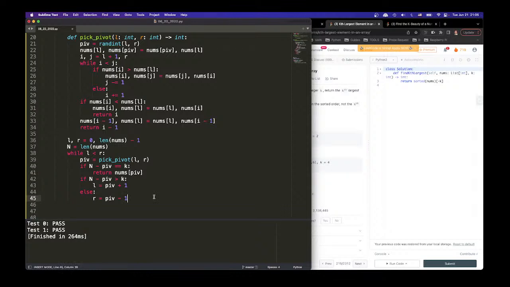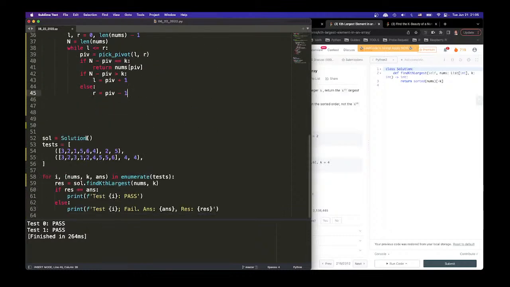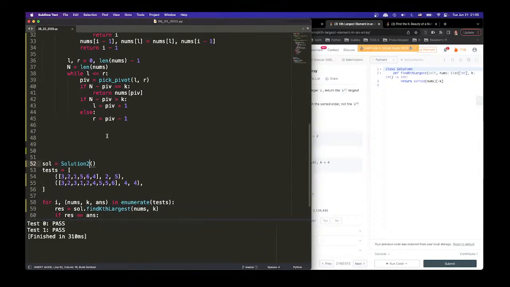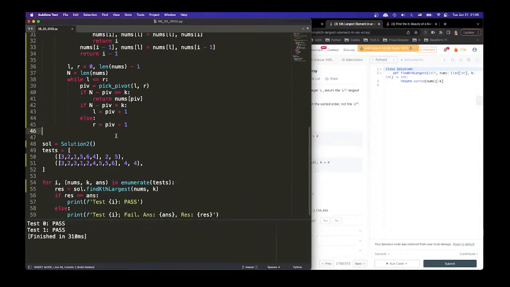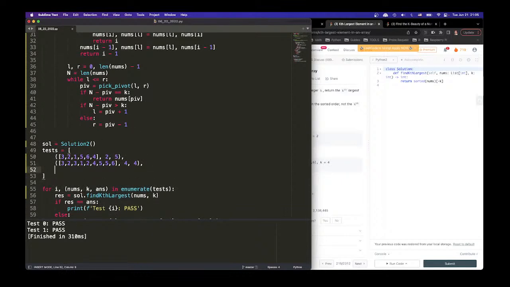Well, I think only one side shall have, because I have a smaller than R, which is smaller equal to, because I don't want to get out. It's guaranteed we will have a solution. Let's just try this. Okay, so far so good. We have a couple more edge cases.